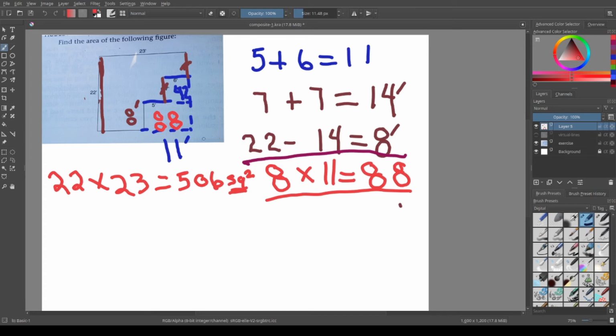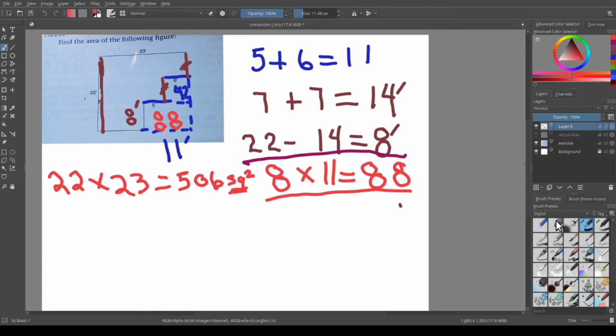Now, remember, this part right here, this entire section, I'm gonna make it larger. This entire section, all of this was cut out. All of that was cut out. That's cut out.